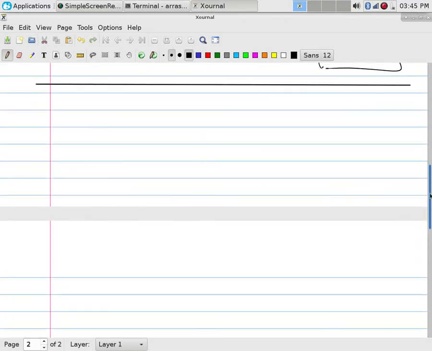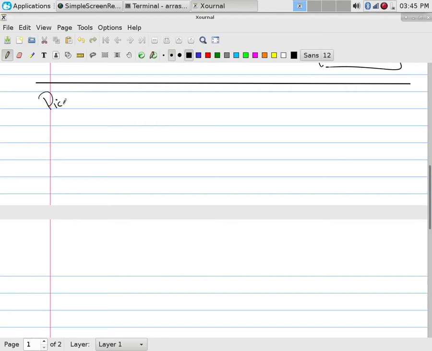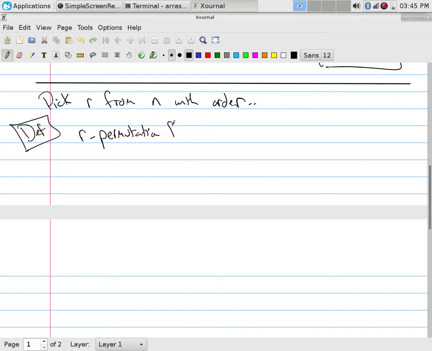If we are going to pick r from n with order, the definition that we're going to use for this is called r permutations from n objects, which is going to be P(n, r), which is n factorial over n minus r factorial.